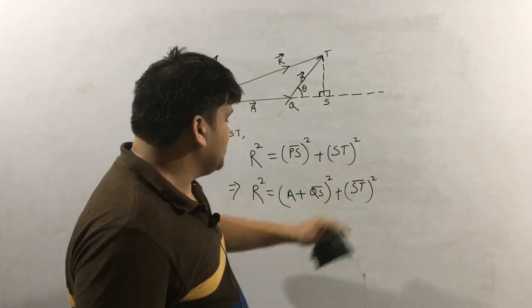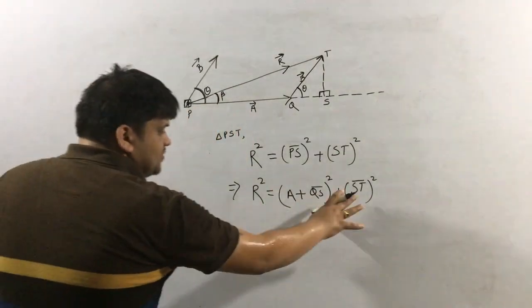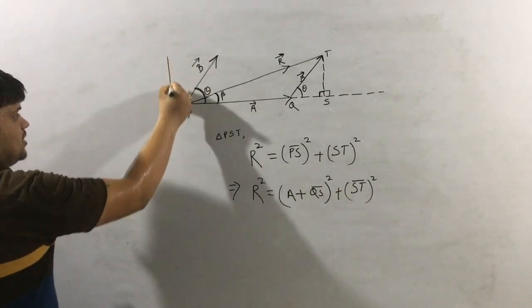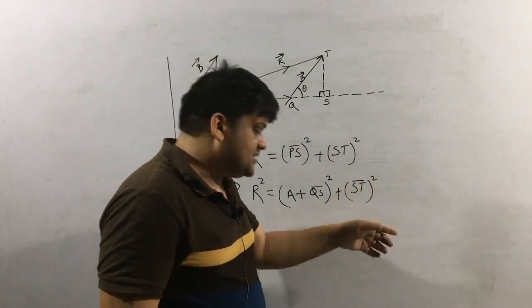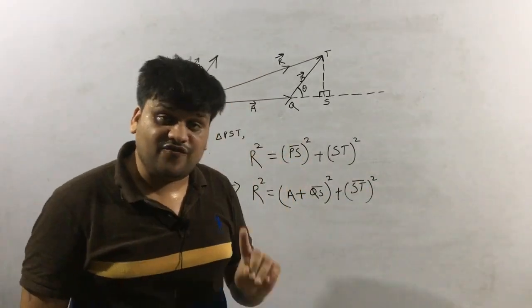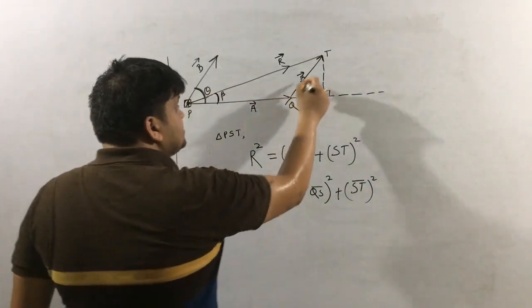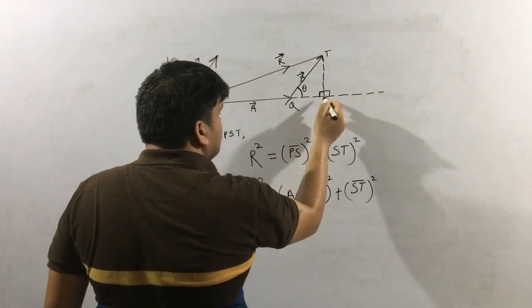So for that, I have left it here and I am just writing the next thing. To write QS and ST in terms of A, B and theta, you use this smaller right angle triangle here.